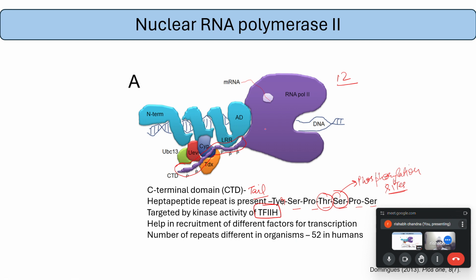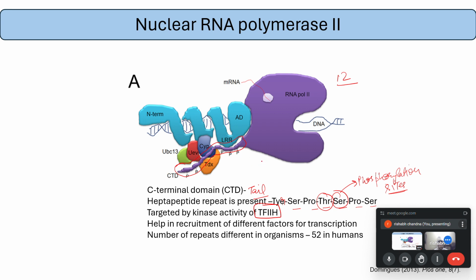So what happens whenever a different step needs to be followed? For example, while forming the pre-initiation complex, when it has to be transferred to initiation, then a different number of serine residues are phosphorylated such that it can start the transcription, and it can recruit different transcription factors that will help in transcription.